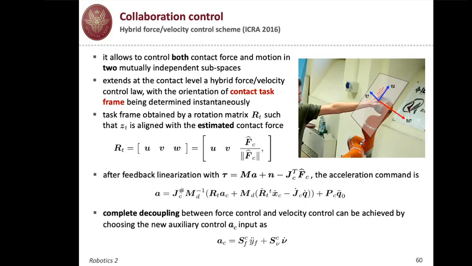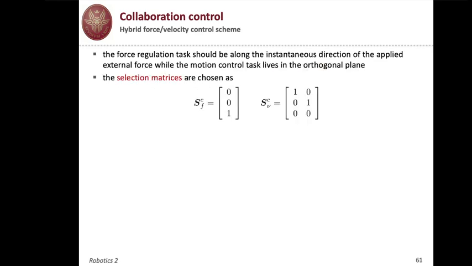And in this formula, we have an auxiliary control A_C, and this A_C, which is three-dimensional in our case, is defined by relating the direction where we control force and the direction where we control motion or velocity. And these are represented by these S matrices. So in particular, the direction of force will be the Z-axis, because we have chosen the task frame with the Z-axis along the estimation of the contact force.